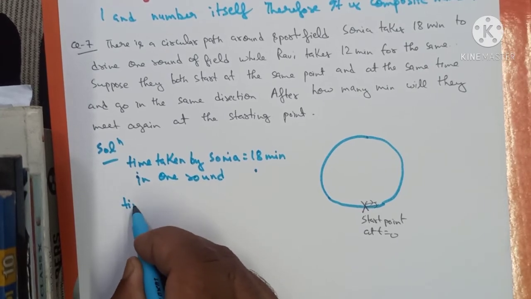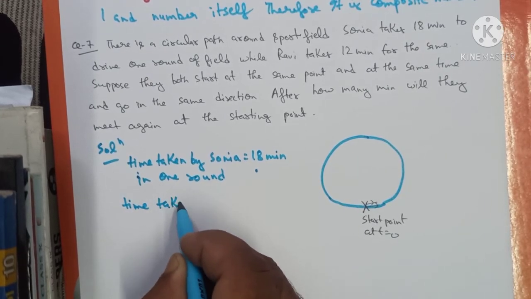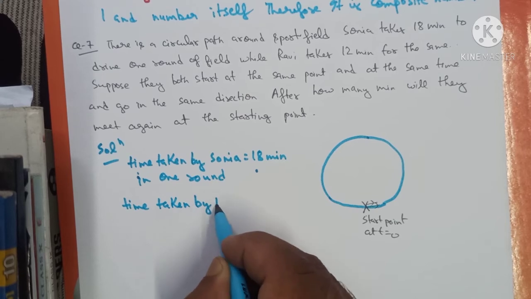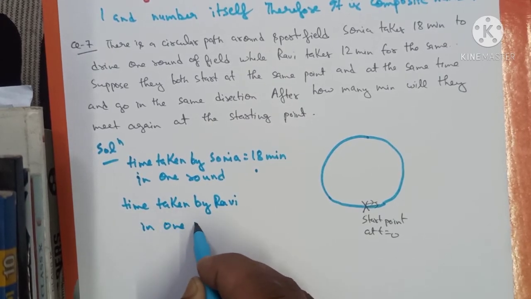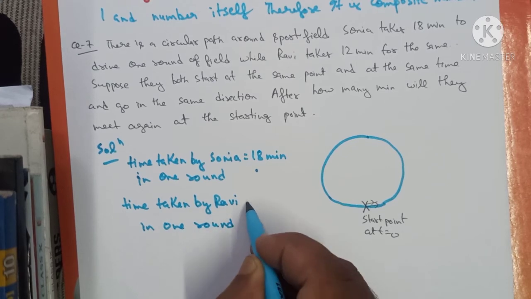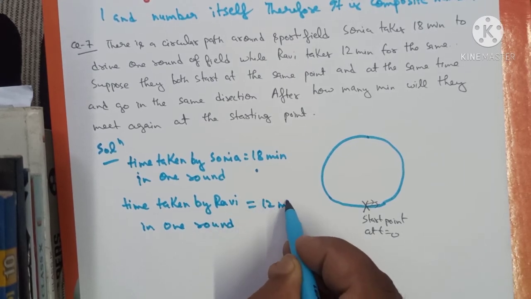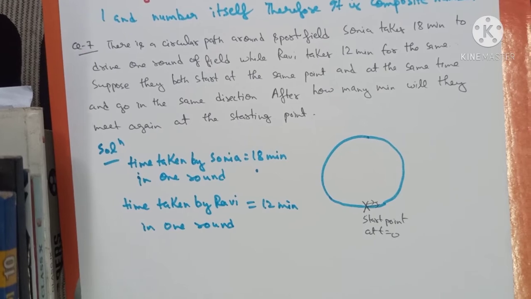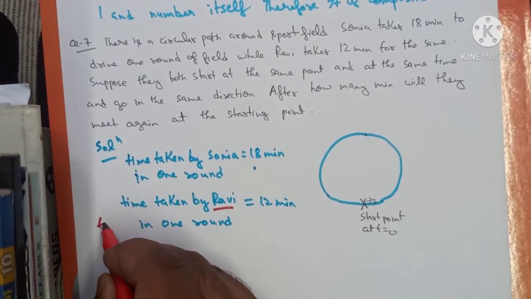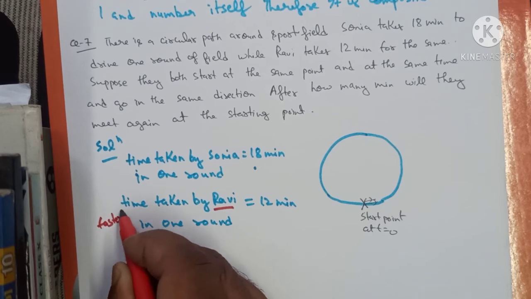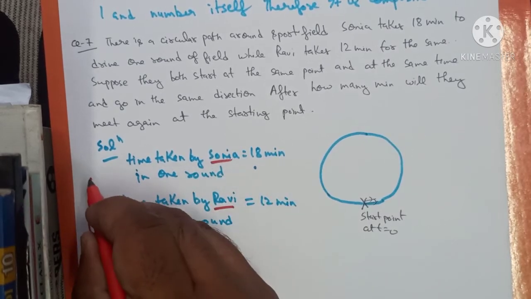And the time taken by Ravi in one round is given as 12 minutes. So who is faster? Clearly we can see that Ravi is faster and Sonia is slower.